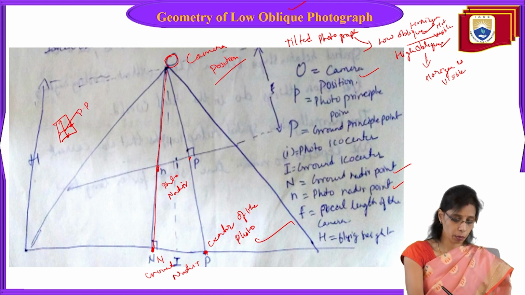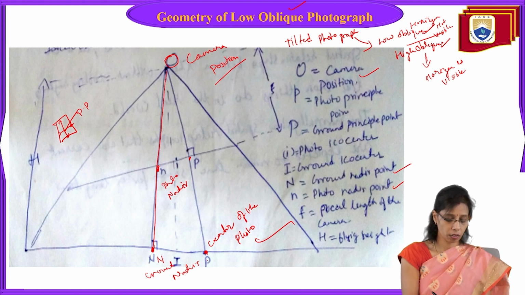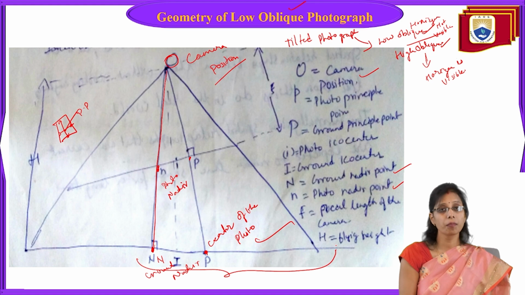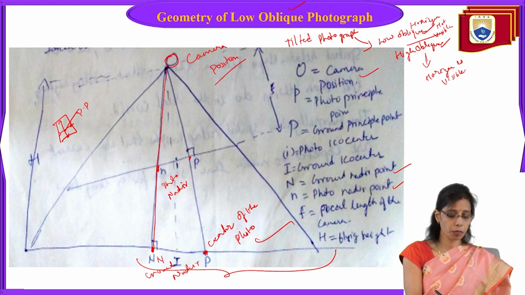So here is the principal point of the ground, because the image captured is from here to here, since it's an oblique photo. And here is the principal point of the photo.